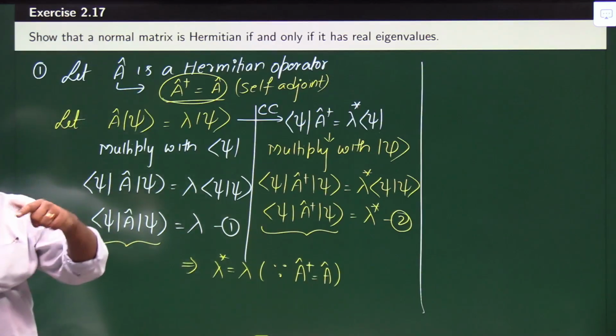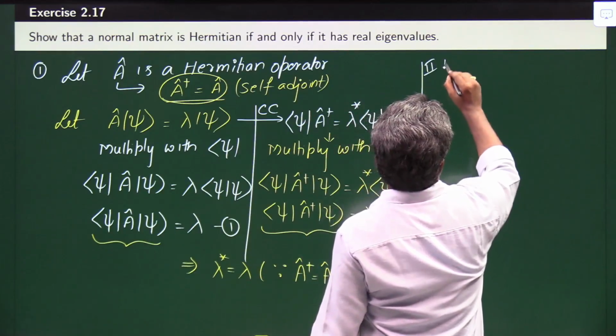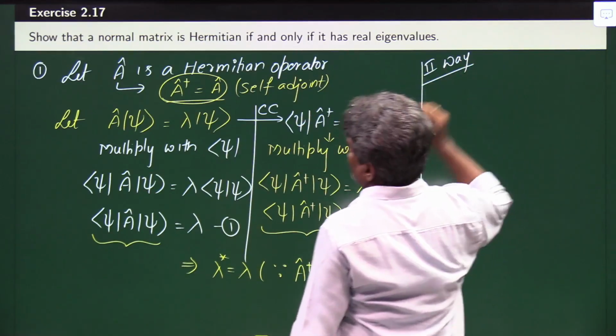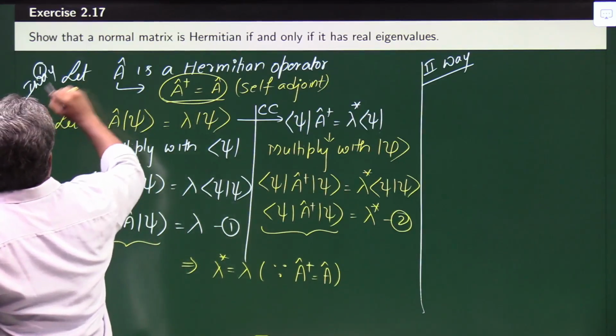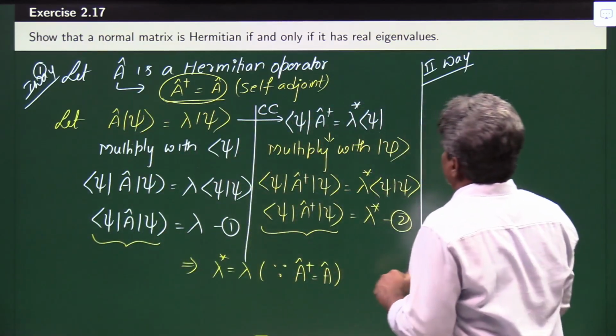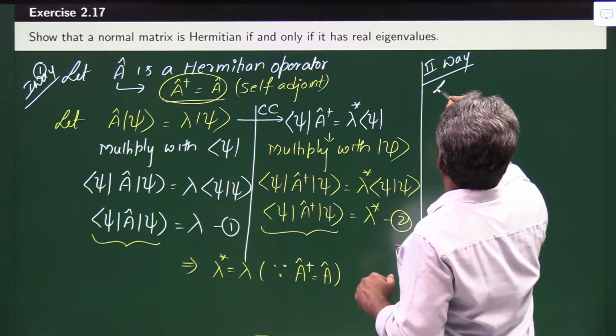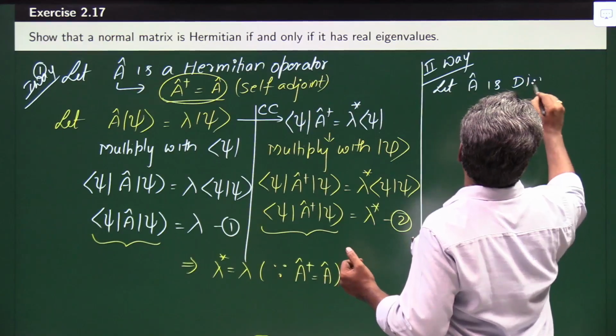Now let us take a diagonalizable form, the second way. This is the first way, so whatever you feel is easy, you just take that. Okay, so the second way. Now let the operator A be diagonalizable.